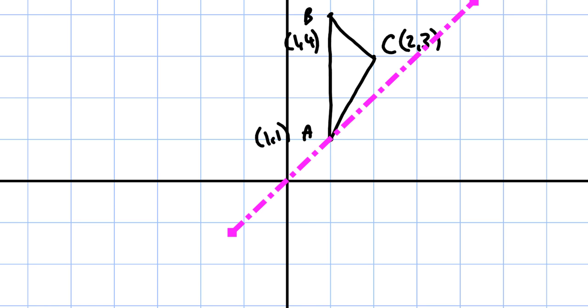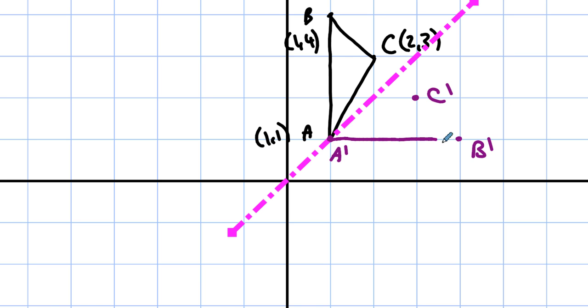We could decide that, well, A is on the mirror, so that is A prime, but we could measure perpendicularly to the mirror, perpendicularly through the mirror an equal distance.